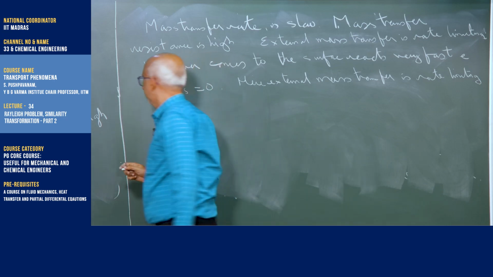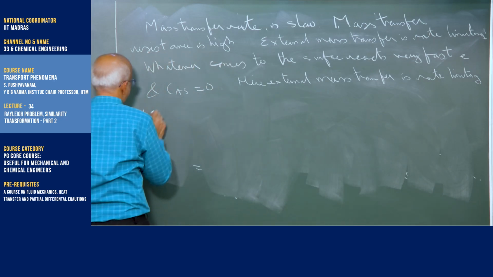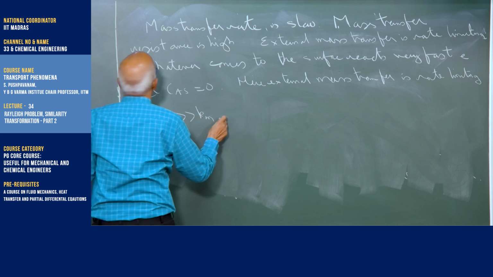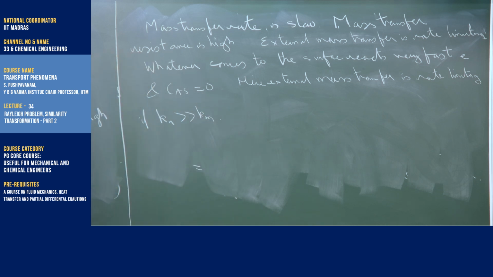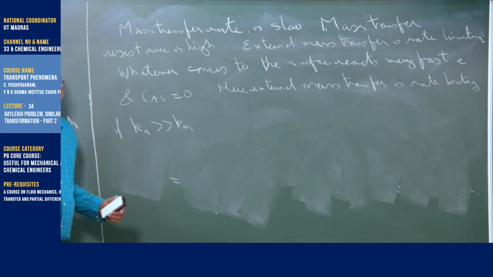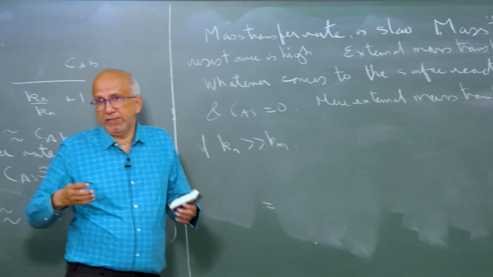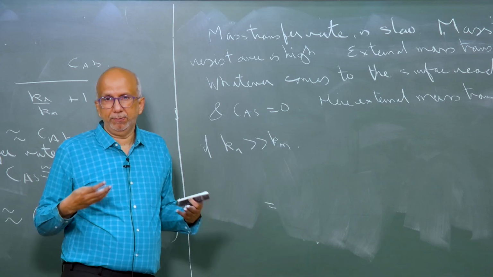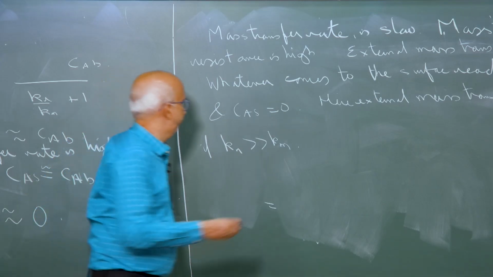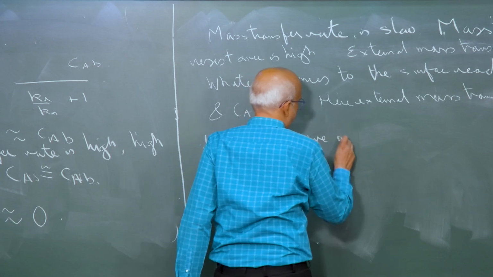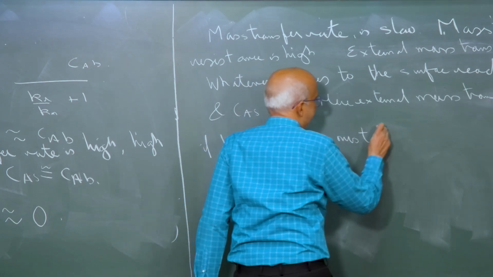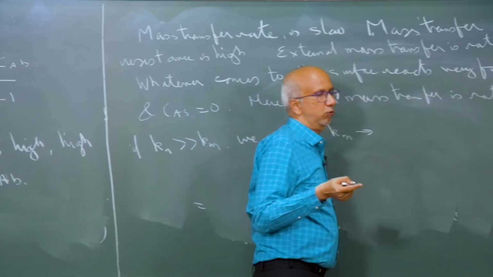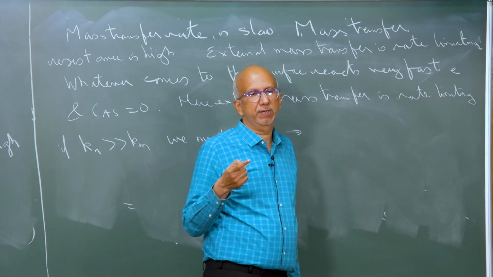Like we saw earlier, if Kr is much greater than Km, okay, there is no point in increasing Kr because it is already high. So, to get a better performance, we must increase Km, and that could be because the mass transfer coefficient depends upon Reynolds number, Schmidt number.